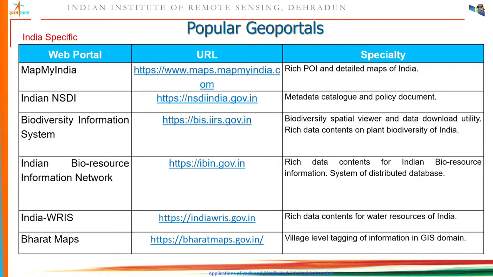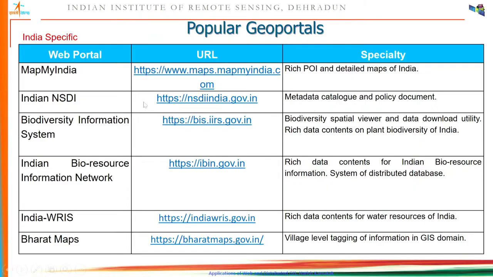Indian NSDI is another website which is developed by the Department of Science and Technology. This is called the Indian National Spatial Data Infrastructure. So what I recommend to all the participants is that suppose you are looking for the data availability with Indian organizations, especially the map data or satellite data or different types of maps like survey maps, infrastructures, base layers, geological maps, forest type maps and so on.